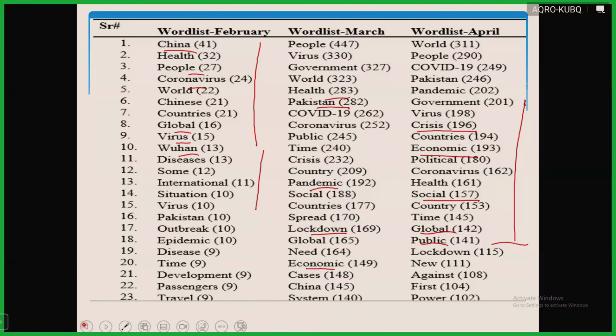Is there a way to make it more intelligent by defining the limit of collocation in some way? For example, let's say the word people is salient in February as well as in April. But in February, it is collocating mostly with, say, sick people, but we don't know what the salience of people in February suggests.